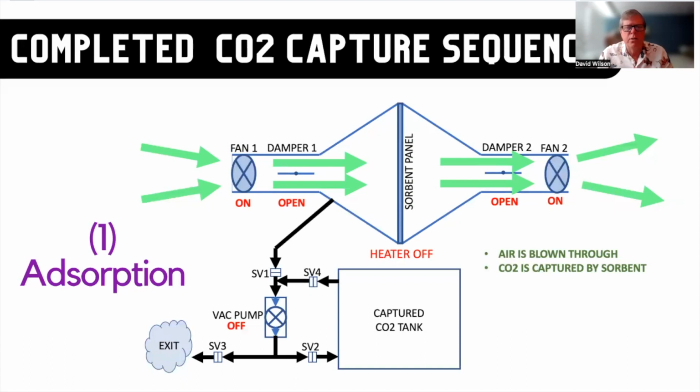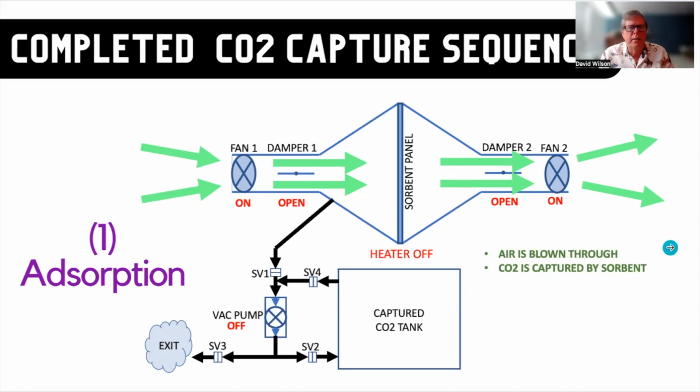And as the air goes through the sorbent, which is in the form of a powder held together with metal panels, it will absorb the carbon dioxide, which is coming through at standard temperature and pressure. So that will run for, we don't know how long. Part of our experimentation is going to be how long does it take, and at what fan speed is it necessary to get the most CO2 captured.